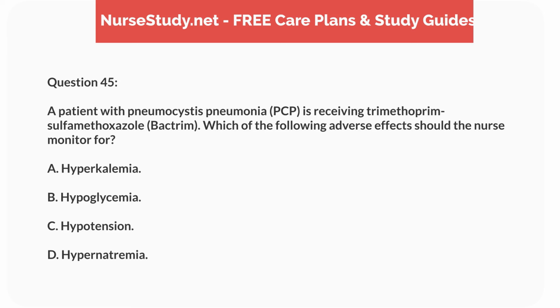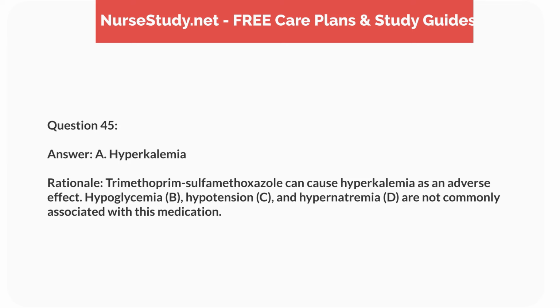D. Hypernatremia. Answer: A. Hyperkalemia. Rationale: trimethoprim sulfamethoxazole can cause hyperkalemia as an adverse effect. Hypoglycemia, B, hypotension, C, and hypernatremia, D, are not commonly associated with this medication.